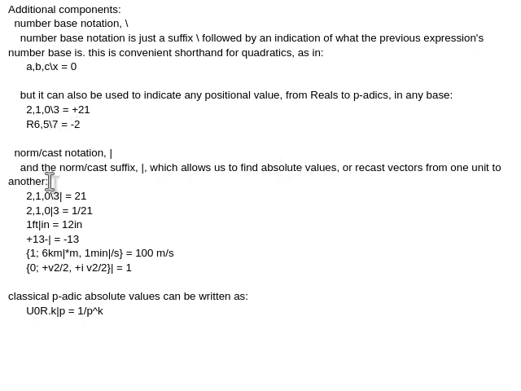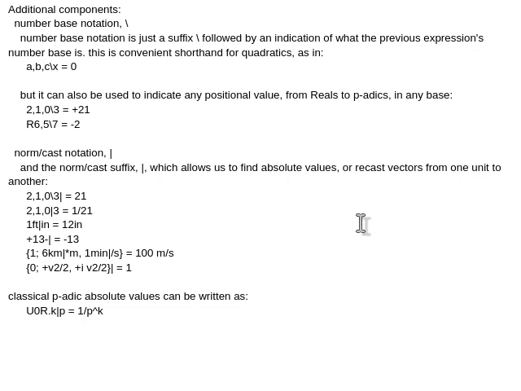And then there's the norm or the cast notation, the vertical bar. This is the abbreviated form of absolute values, because when you take the absolute value of something, you're casting it from a vector to a magnitude.